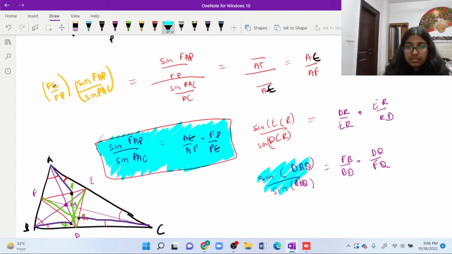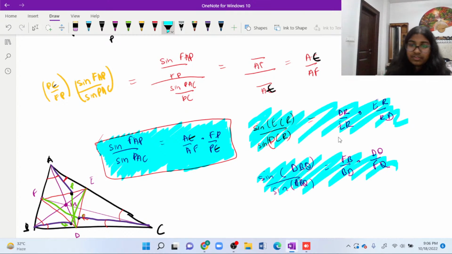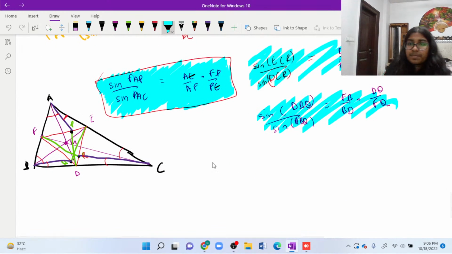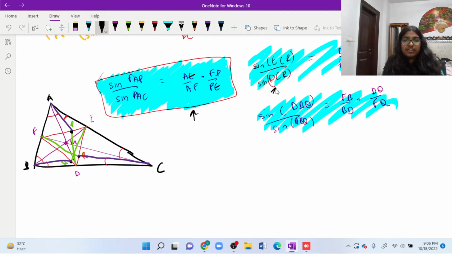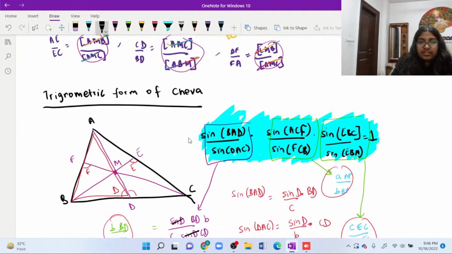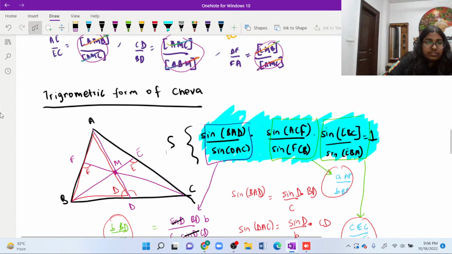And you can observe these formulas for a few seconds. And yeah, so now let's just multiply these three. The LHS is the thing we need to prove.